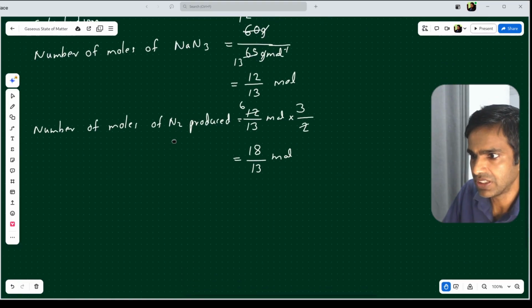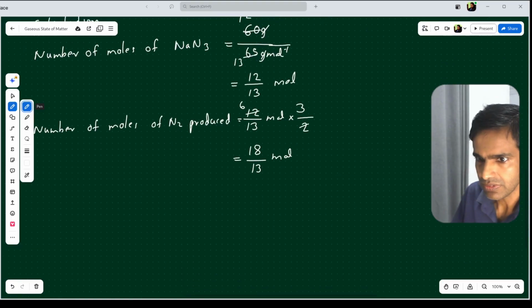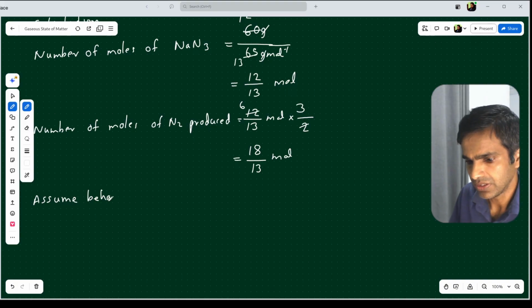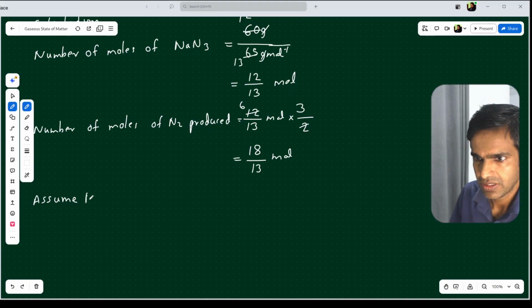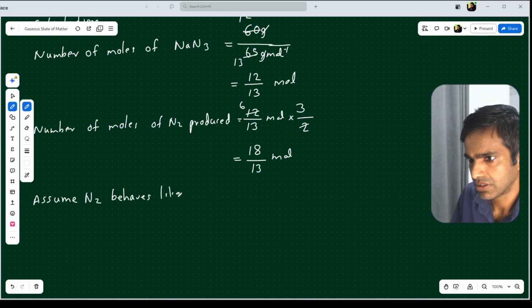Therefore, first we need to assume nitrogen behaves like an ideal gas.